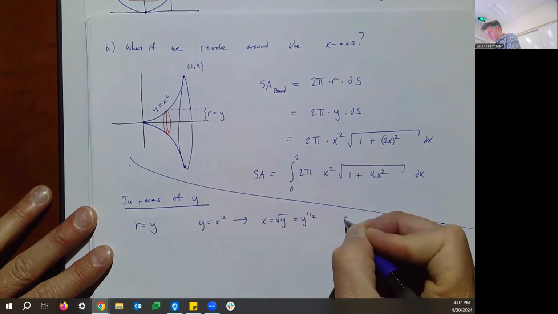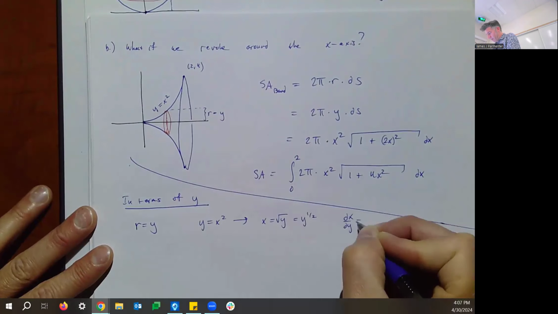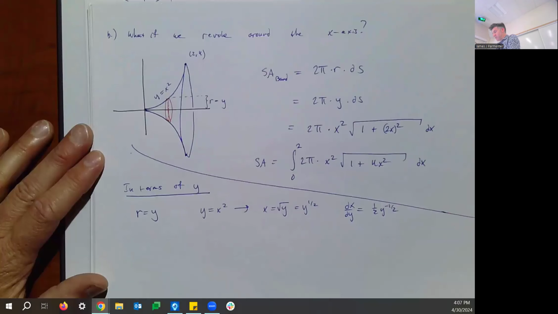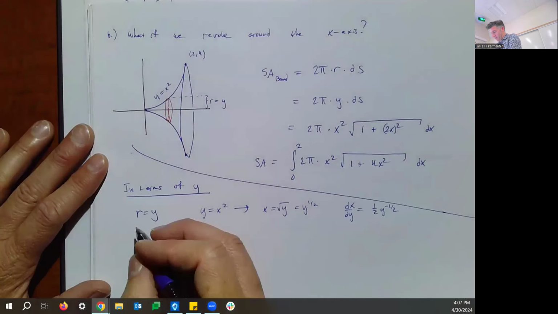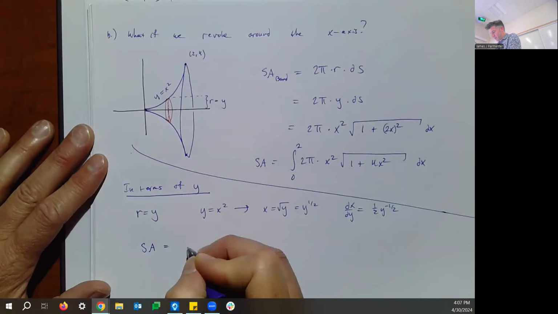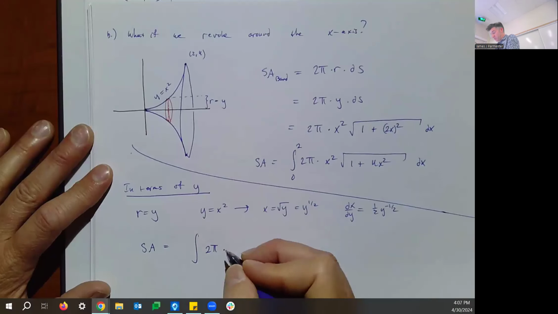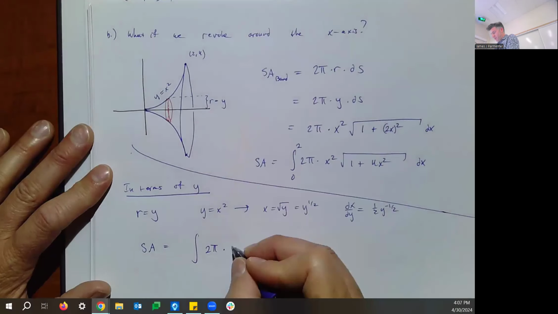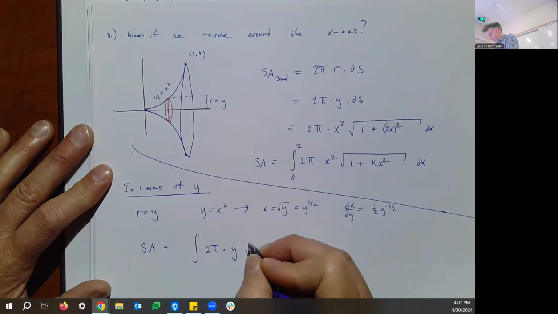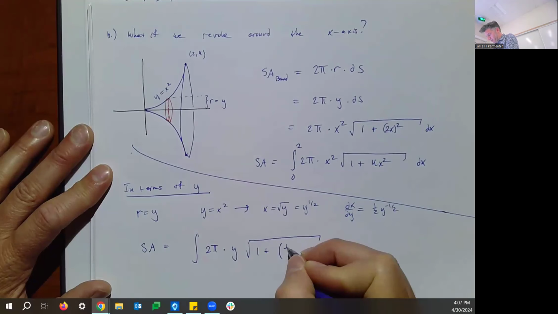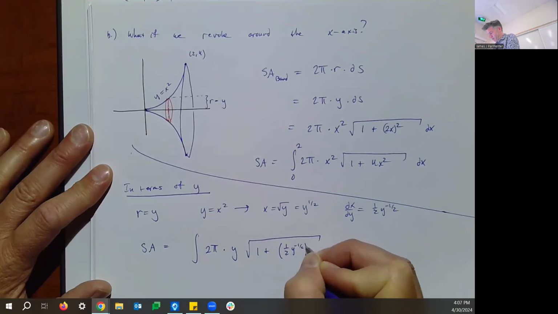And then my dx/dy is 1/2 y to the negative 1/2. So if we want to set the same surface area integral up in terms of y, it's going to be 2 pi times my radius, which is just y, times my ds, which is the square root of 1 plus my dx/dy squared.